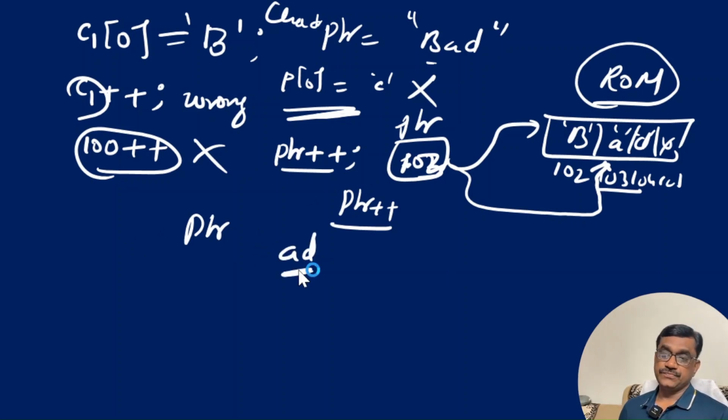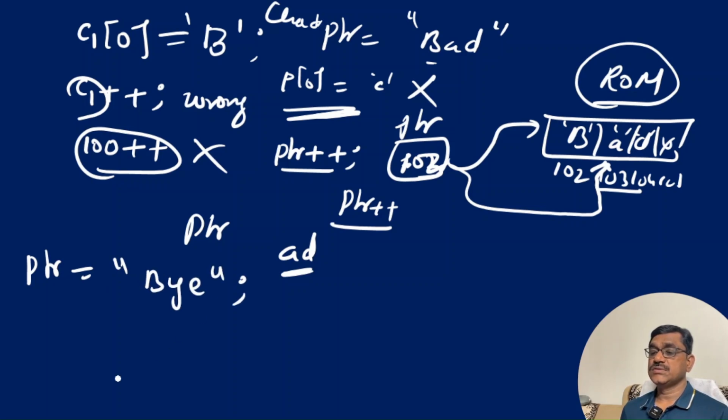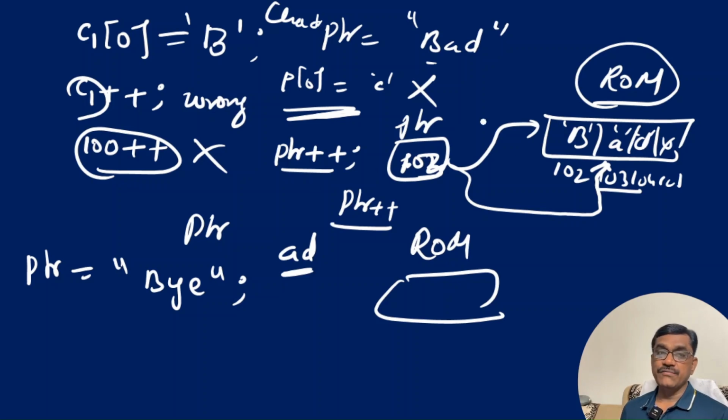This we can do. Now, can you assign a new string like "by"? Yes. So, in this case, what happened? "By" is stored in a different memory location like ROM. Previously, ptr pointed to "bad", which is stored somewhere in the ROM. Now, when we say ptr equals "by", we are not modifying it here.